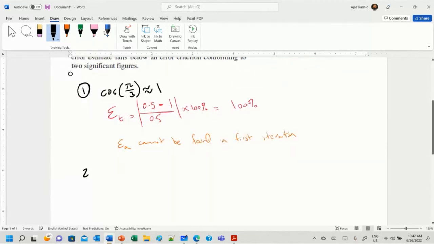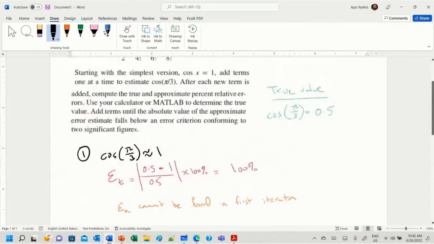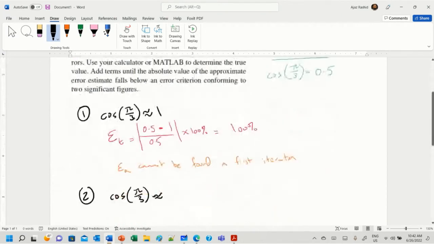Then we add another term. So we are saying cosine pi by 3 is approximately equal to 1 minus x squared over 2.